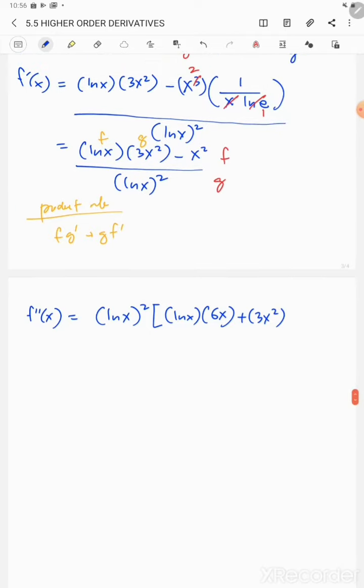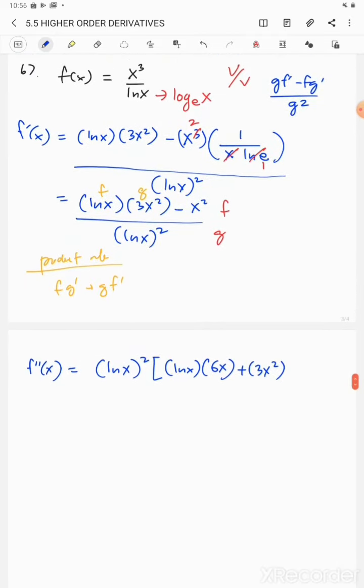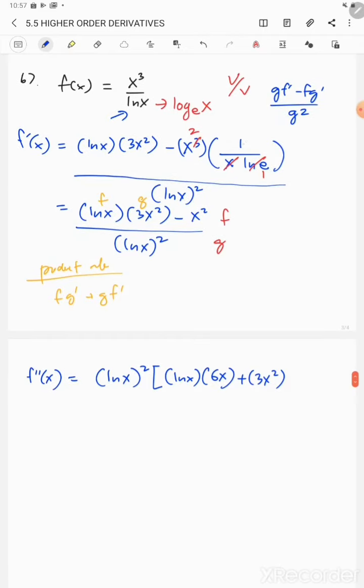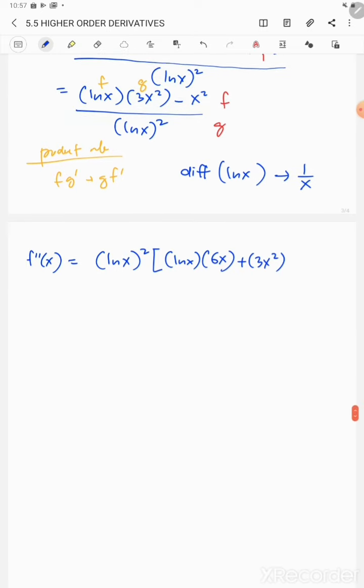Remember, when we differentiate ln x, we get 1 over x because ln e is equal to 1. So every time you differentiate ln x, the value is 1 over x. This can save your time.